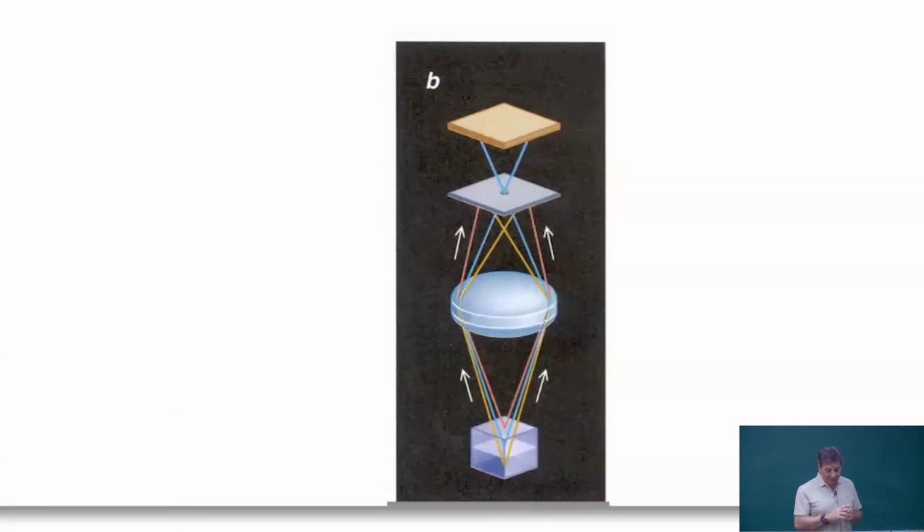When you make confocality, there is something else added in the system, which is the pinhole. The pinhole is just an opaque thing with a little hole. And why is it helping you to make confocal imaging? Well, I want to look at something here in the middle layer.